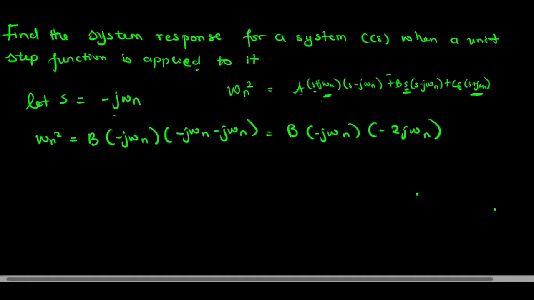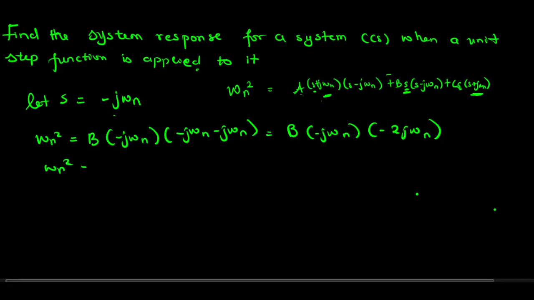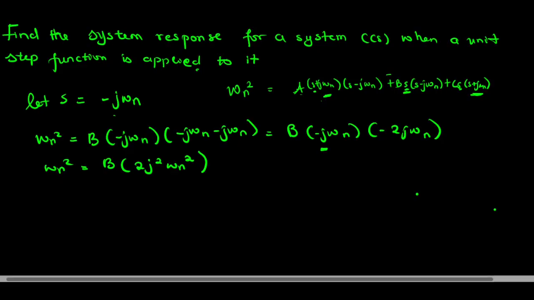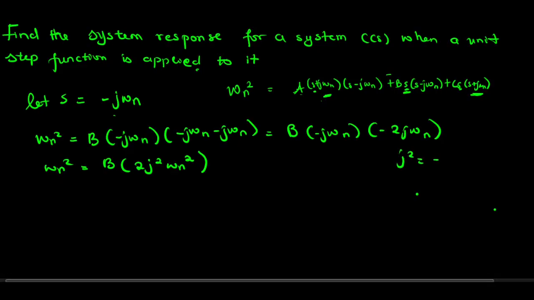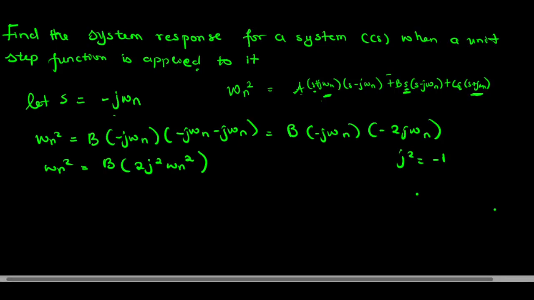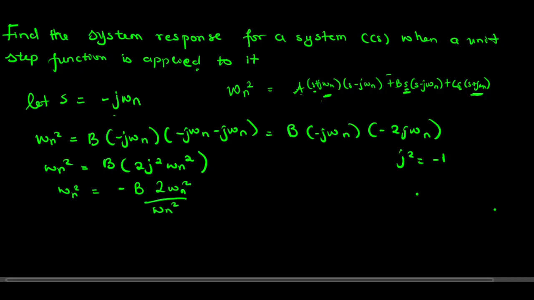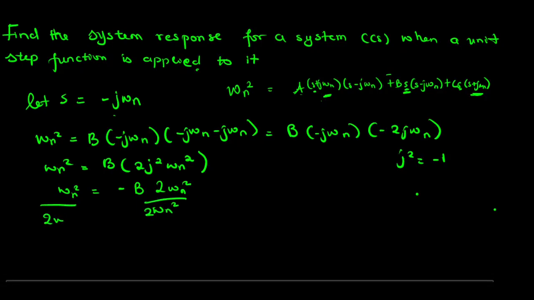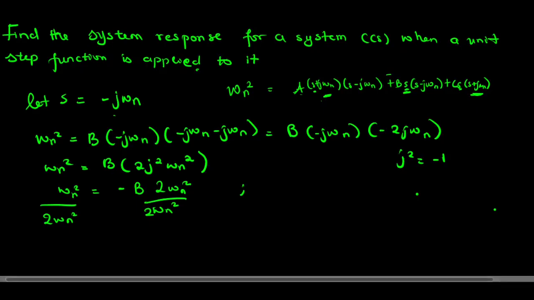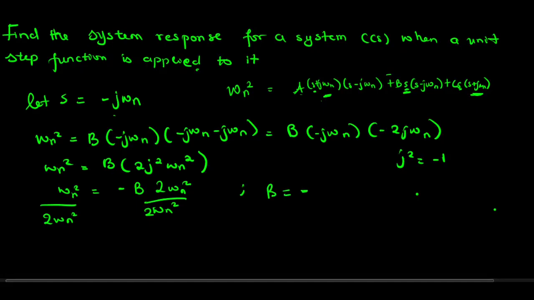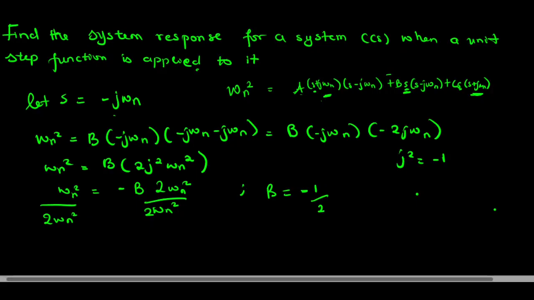When you multiply these two, you're going to have ωn squared equals B times 2j squared ωn squared, because this is minus j times the minus and minus. Remember that j squared is equal to minus 1. So this will become ωn squared equals minus B times 2ωn squared. You can divide ωn squared and 2 on both sides. You're going to have that B is then equal to 1 over 2. So now we've found B.